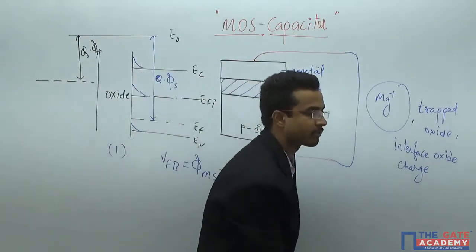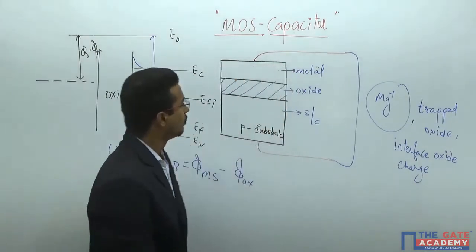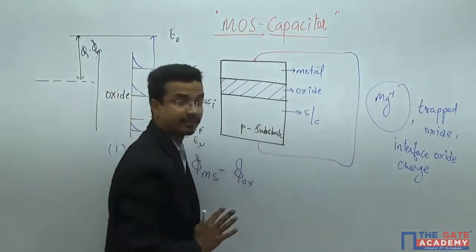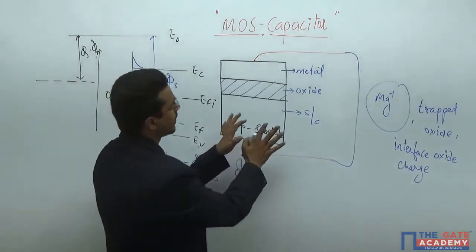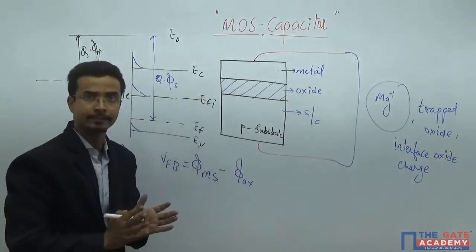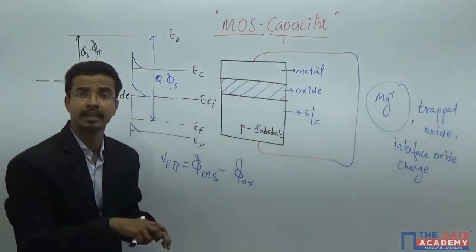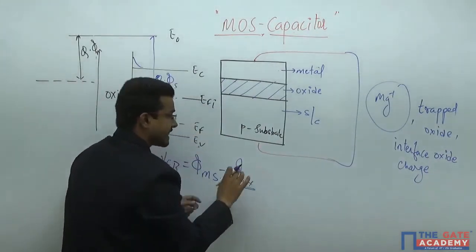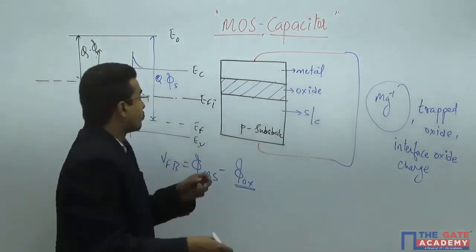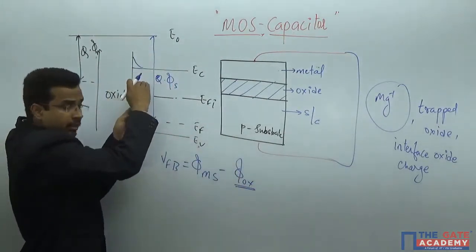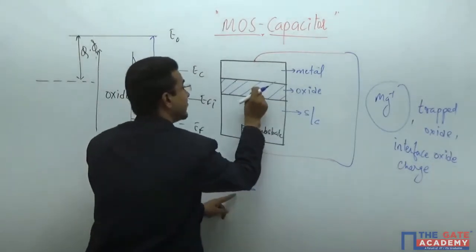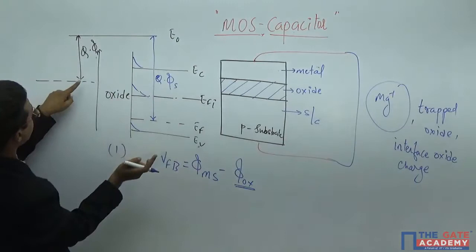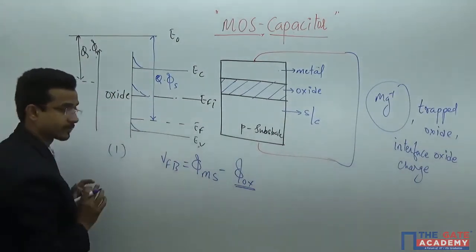Various positive charges will exist there, and we have to take care of those things. I have taken this as the external voltage you have to apply to make this band flatter. That is the oxide charge inside this, and this phi ms is just the work function difference between the metal and semiconductor.